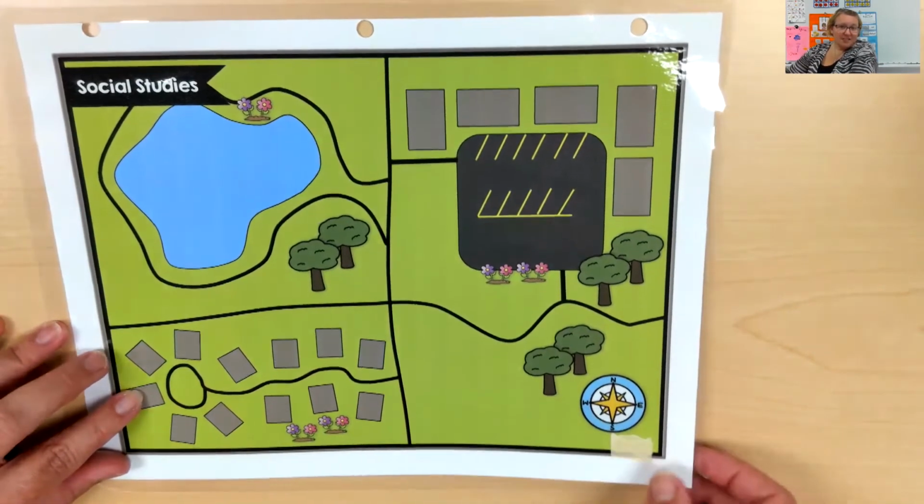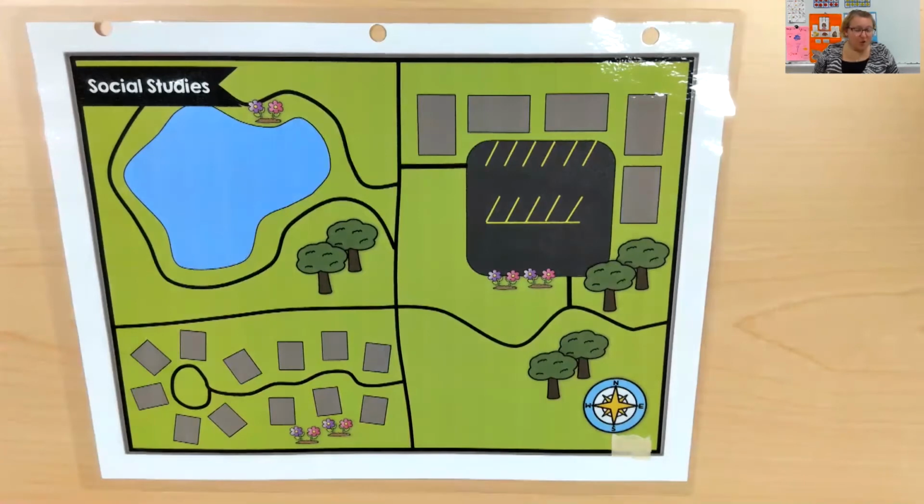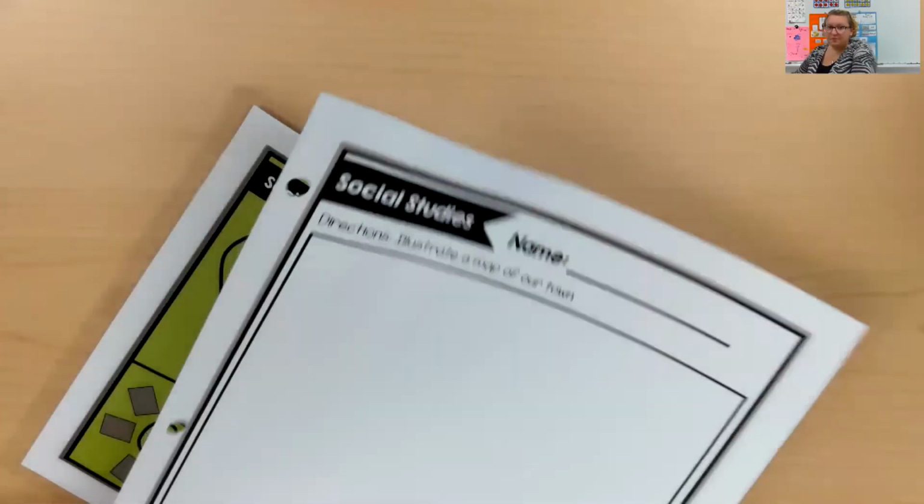Okay, awesome. Now that you guys know how to read a map, and you can see that there are different symbols on our maps to help us, and that compass rose tells us our directions, I would like for us to work on making our own map. So go ahead and get out a piece of paper and some crayons.